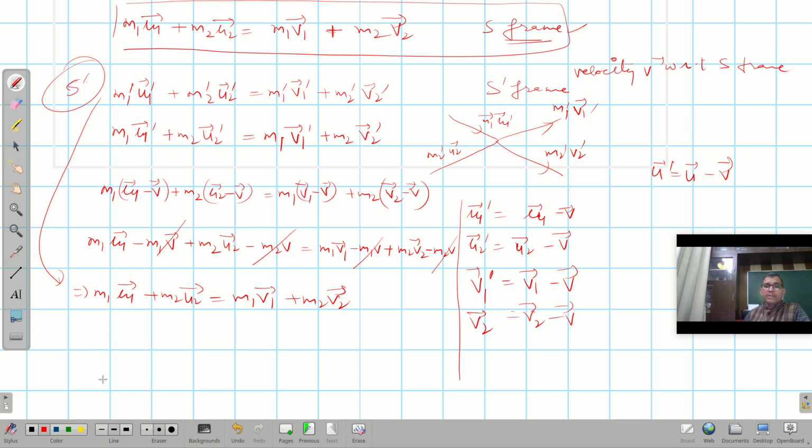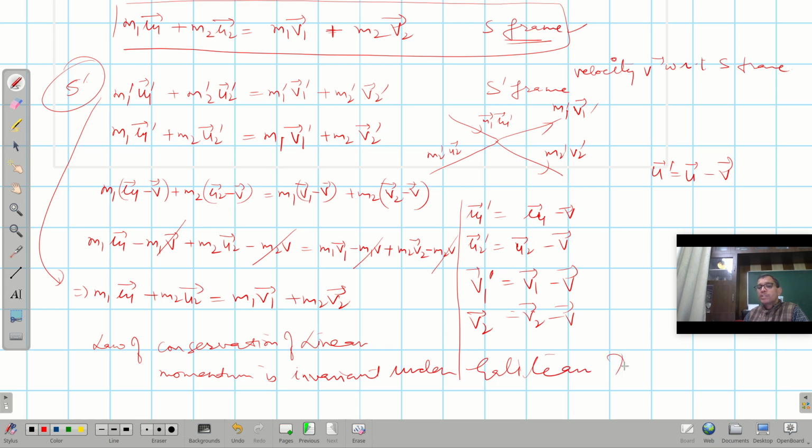So that means the law of conservation of linear momentum is invariant under Galilean transformation.